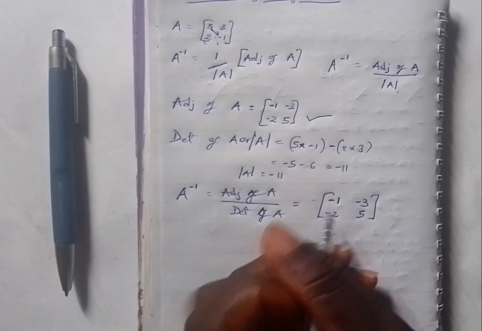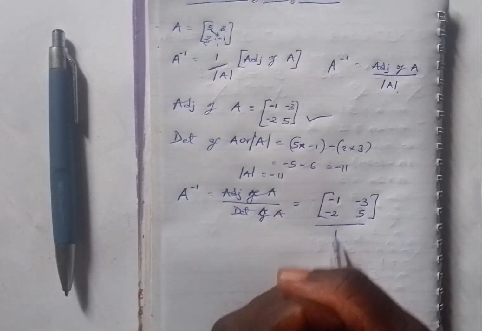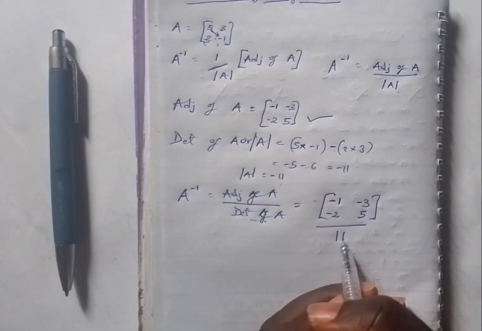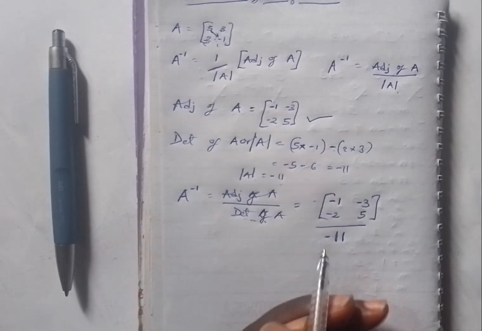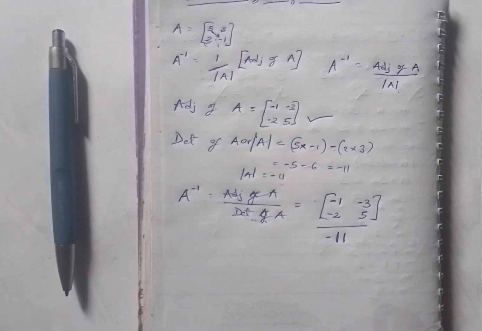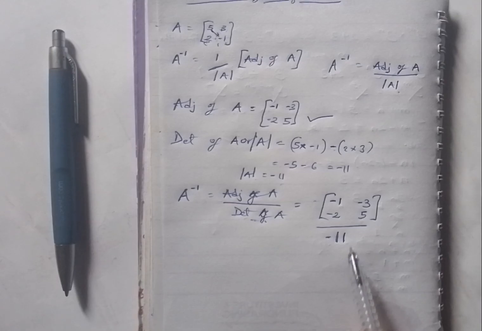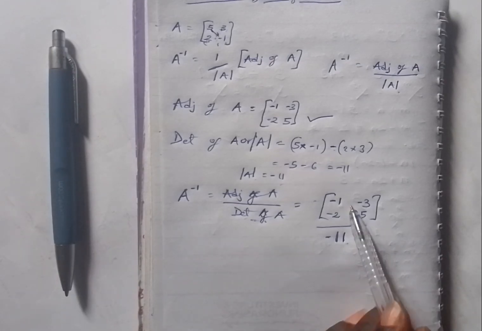Now we have to divide them by 11, because the determinant of the matrix we have done it is 11, a negative 11. Now, this is what will happen. Anytime you are dividing a matrix by a number, what you do is each of the elements will be divided by that number. So look at this one, for example.